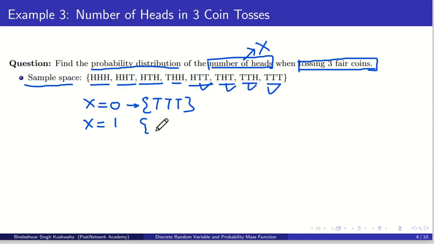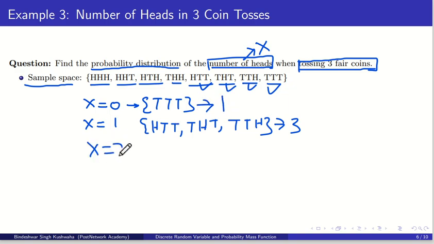There are 3 sample points: h, t, t, then t, h, t and t, t, h. So for x equal to 1, that means there is one head, and there are 3 such points.